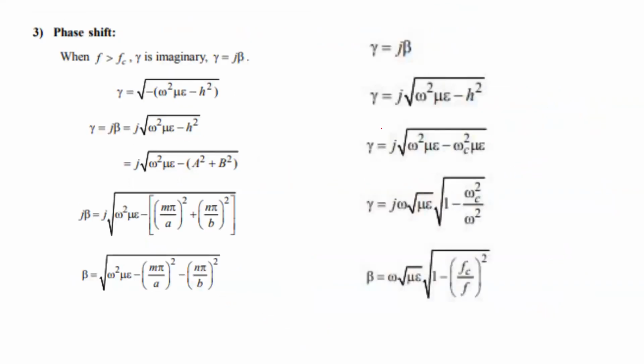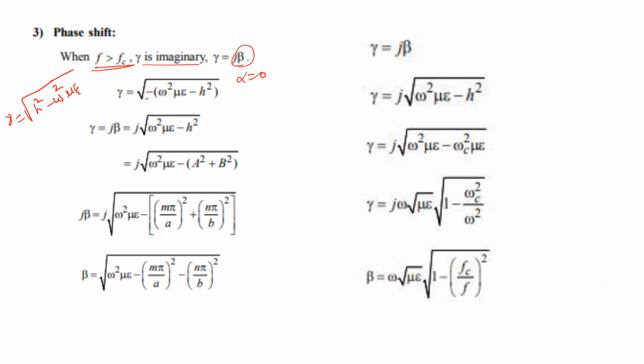The third case is when f becomes greater than fc. As we know, when f becomes greater than fc, gamma is going to be imaginary and its value is going to be j beta. Alpha will be 0 in this case. So, from the general expression for gamma, which is root of h square minus omega square mu epsilon, taking the negative sign outside, we can write gamma as root of omega square mu epsilon minus h square.